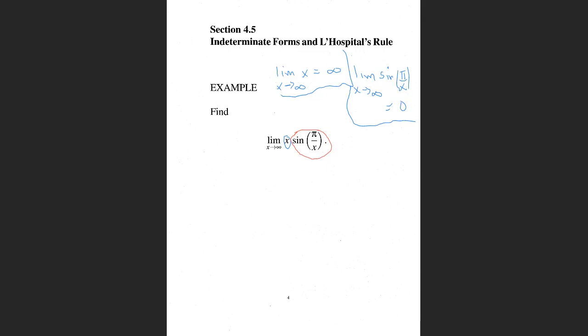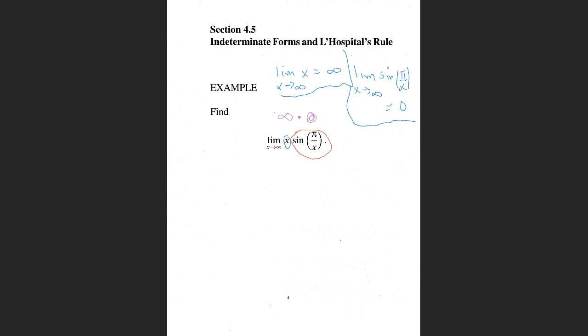So in this situation, you have something a little different. You have a different indeterminate form. You have a function approaching infinity as x goes to infinity times another function that's approaching 0 as x goes to infinity.